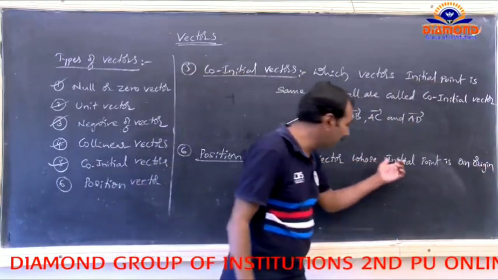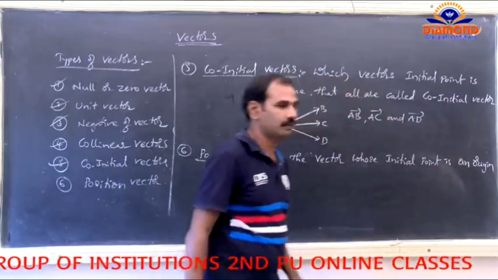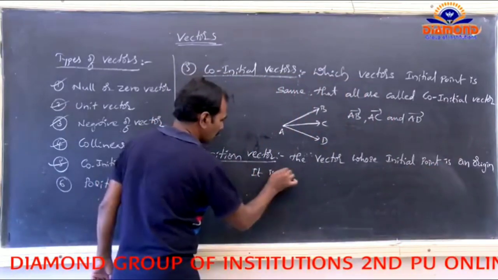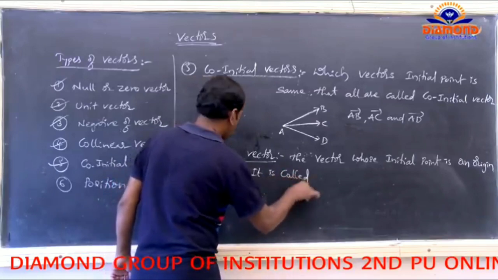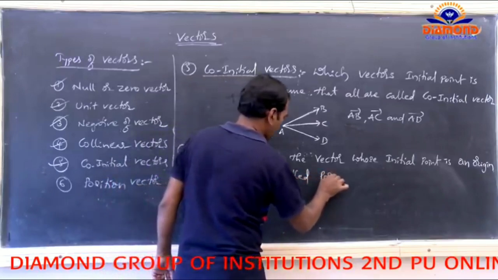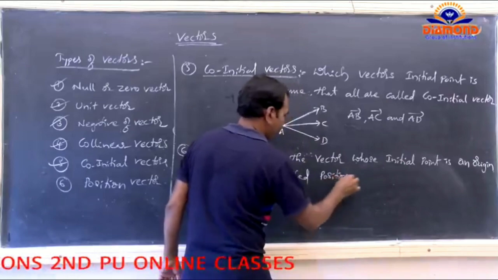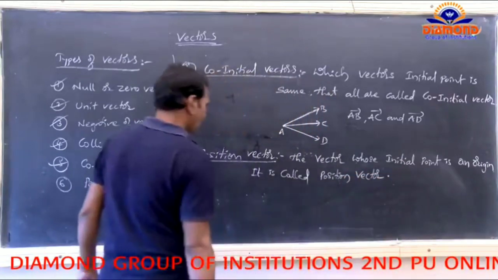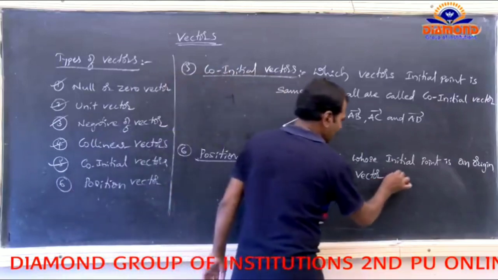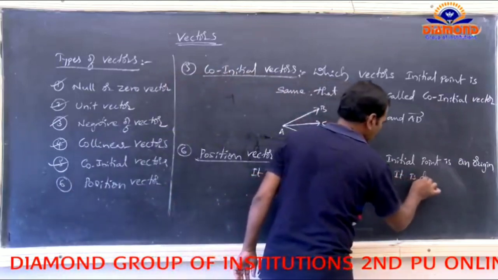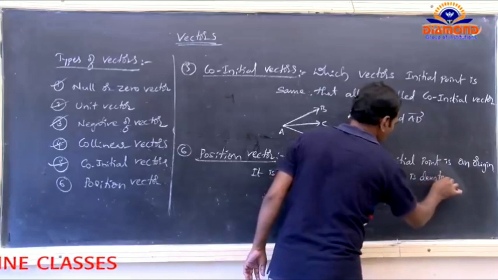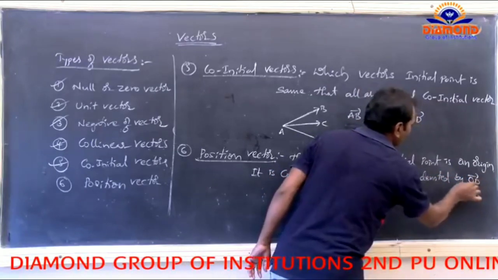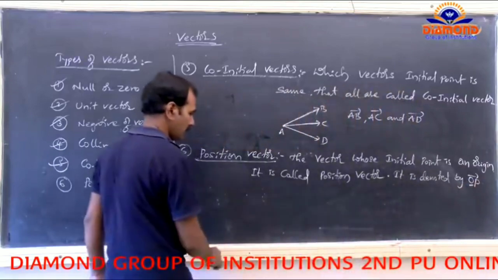The vector whose initial point is the origin is called a position vector. It is denoted by OP bar. Initial point is origin.